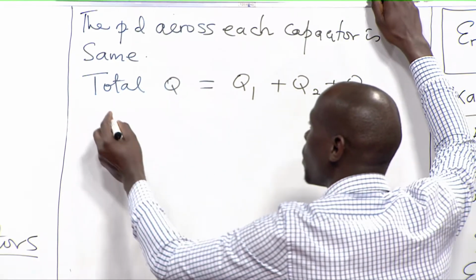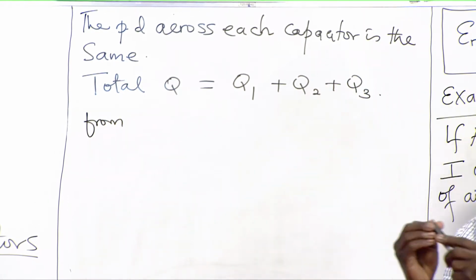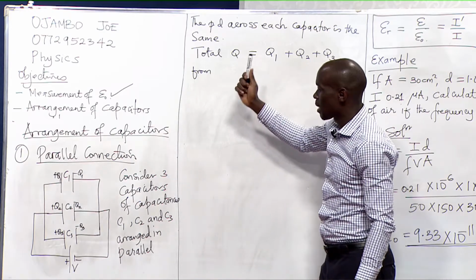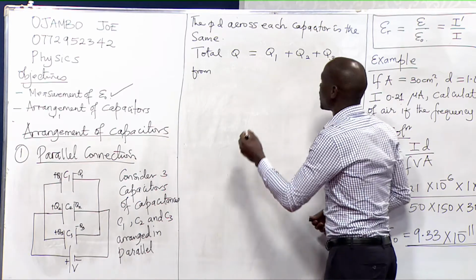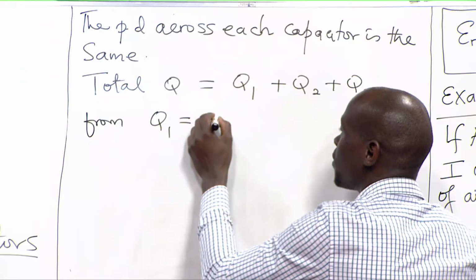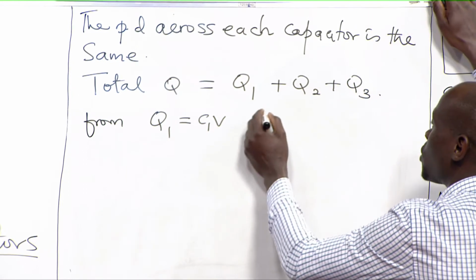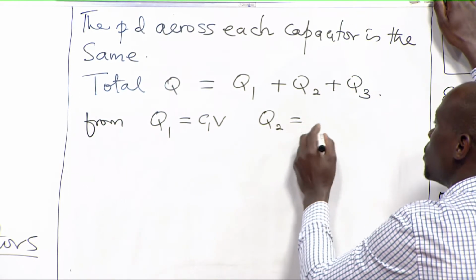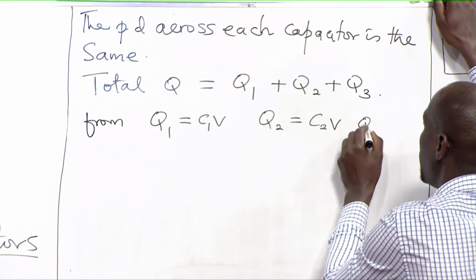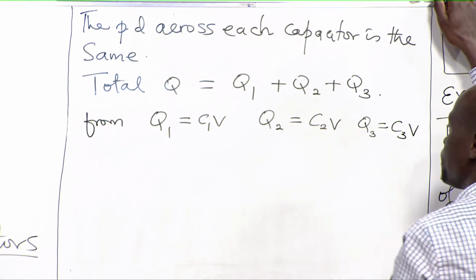But we know from the relationship we discovered between charge, PD, and capacitance, we shall therefore discover that Q1 will be equal to C1V. Remember, the PD is the same, isn't it so? Then Q2 is equal to C2V, and also Q3 is equal to C3V.